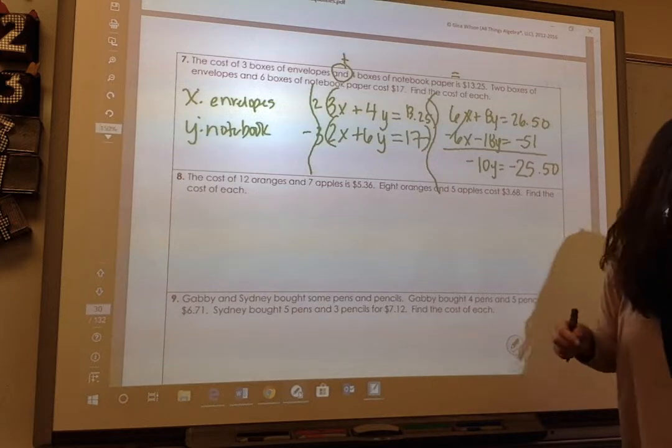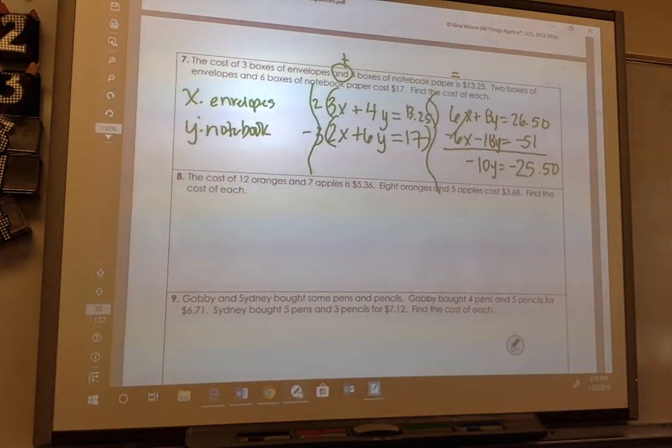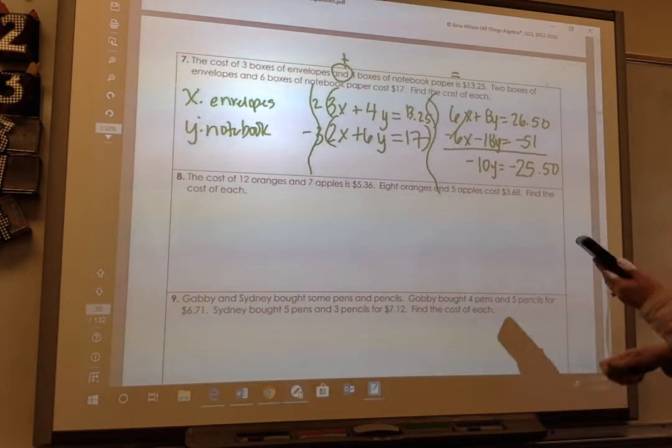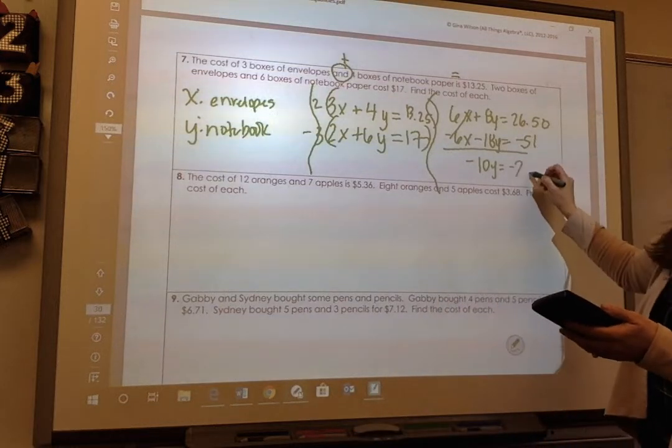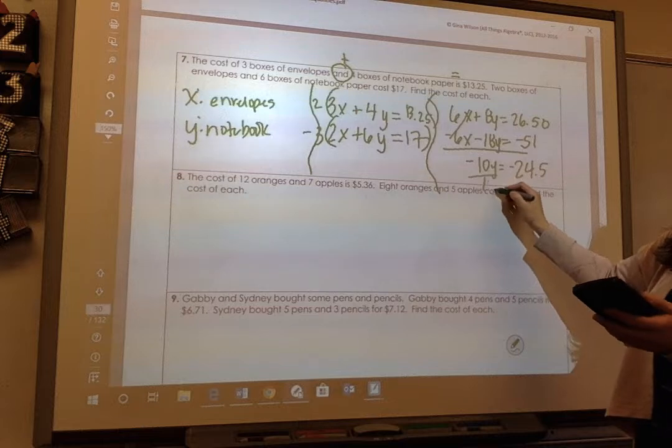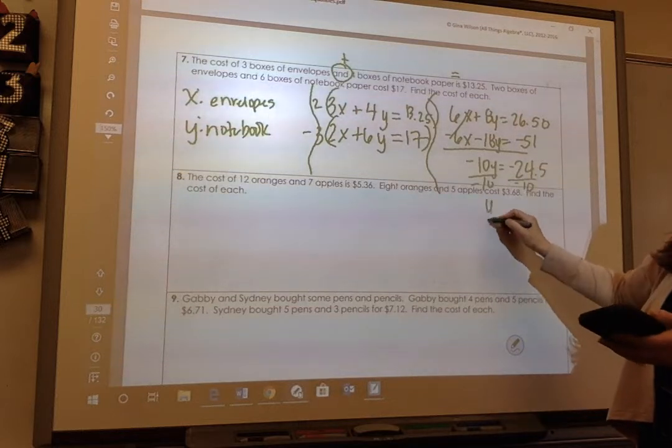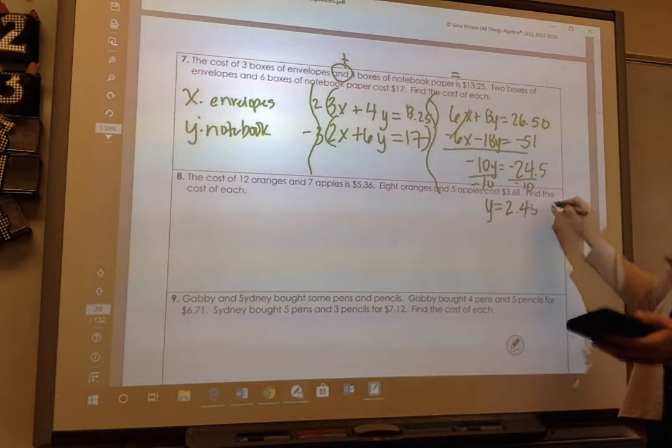Is that right? I'm going to double check myself just because I want to make sure I'm giving you the right answer. So 51 minus 2650 is, no, I was off by 1. -2450. So when I divide both sides by -10, it's going to be y equals $2.45.